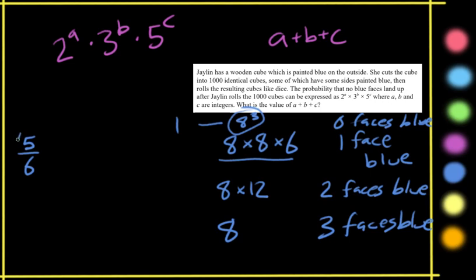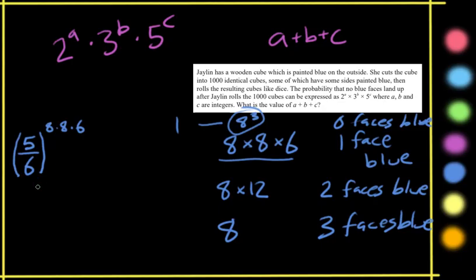And if you have 2 of those that you roll, it's going to be 5 out of 6 squared. And if you have 3 of them, it's going to be 5 out of 6 cubed. But if you have 8 times 8 times 6 of them, your exponent here is going to be 8 times 8 times 6. So this is a very, very tiny probability that none of them are going to show any blue. It's 5/6 to this giant exponent power.